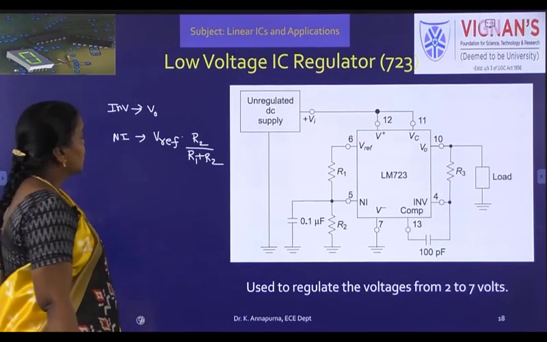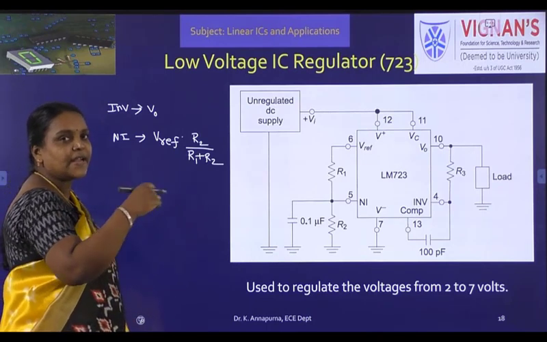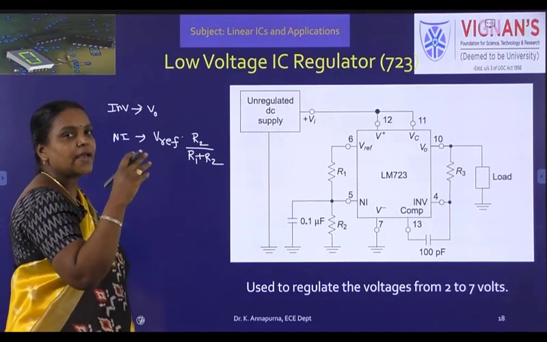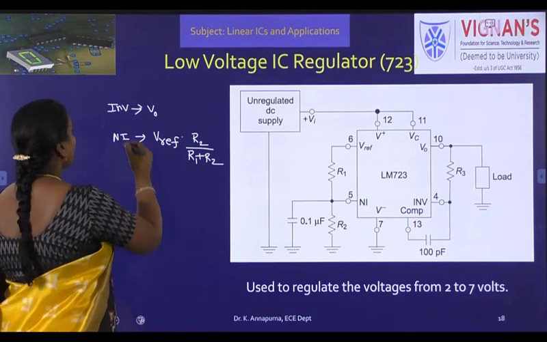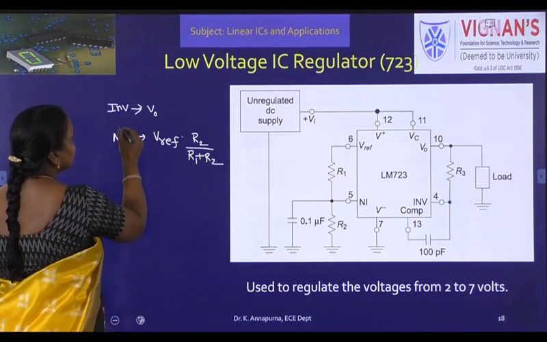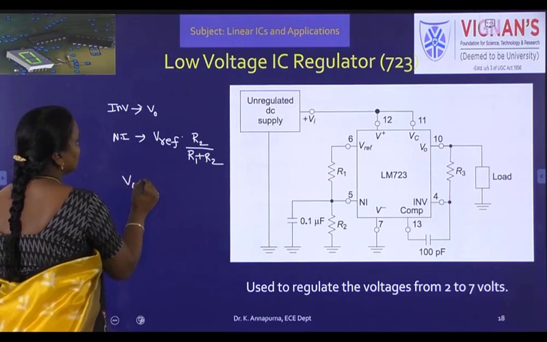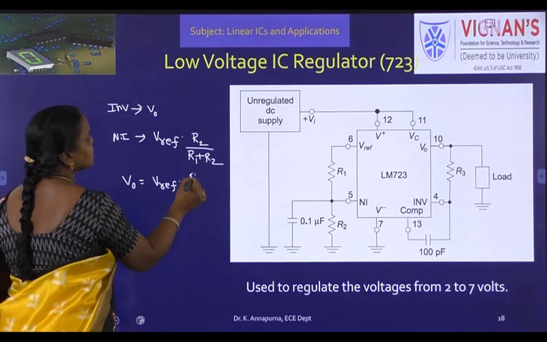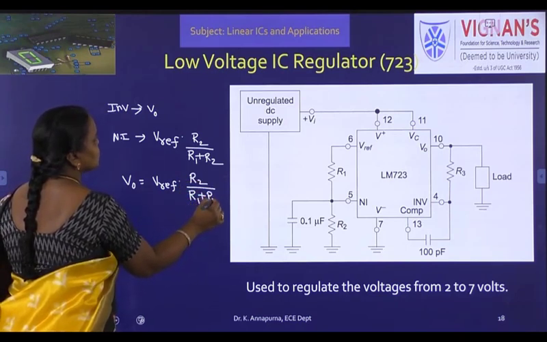So now the error amplifier will compare these two, and finally the transistor conducts in such a manner that the error amplifier output should be 0. Okay, so error amplifier output 0 means these two should be equal. That means V0 is equal to V reference into R2 by R1 plus R2.